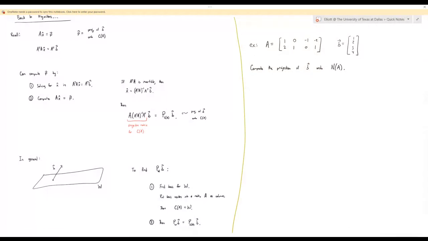So what I'll need to do first is find a basis for the null space of A. That'll be the first step of solving this problem.